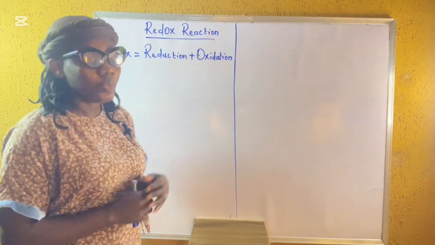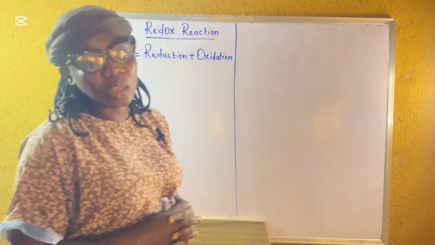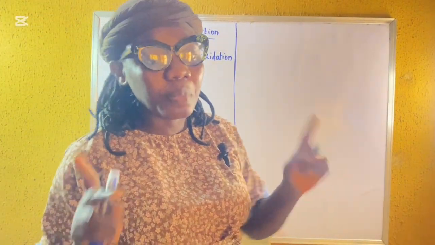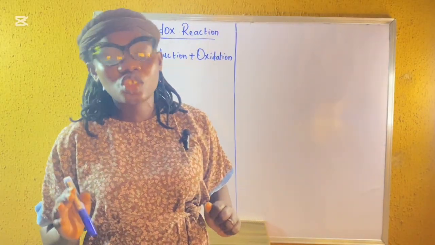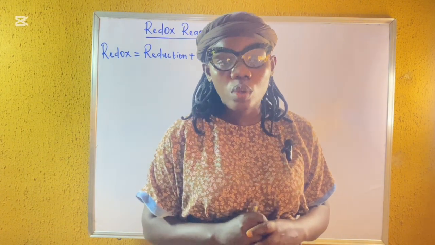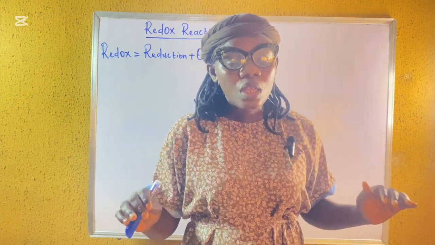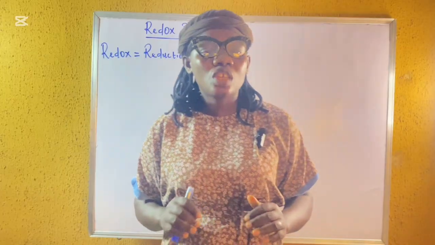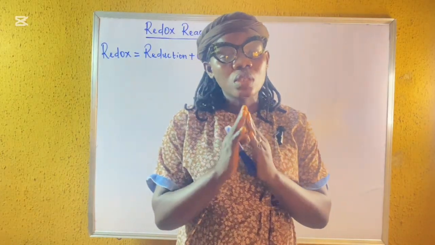Redox reaction. Redox means reduction and oxidation. It is a two term in one. Reduction occurs and oxidation follows. Oxidation occurs and reduction follows. When reduction occurs, it does not occur on its own. So redox reaction is a reaction in which reduction and oxidation follow each other.